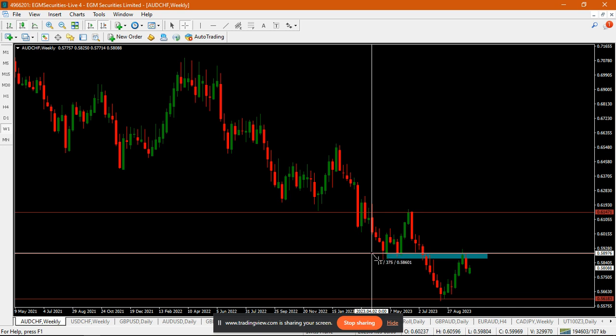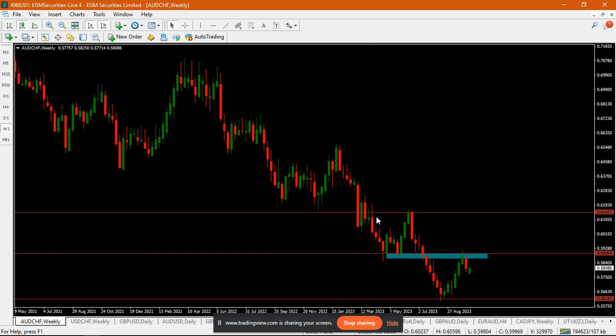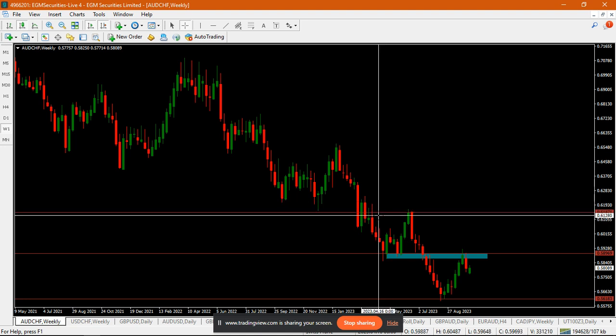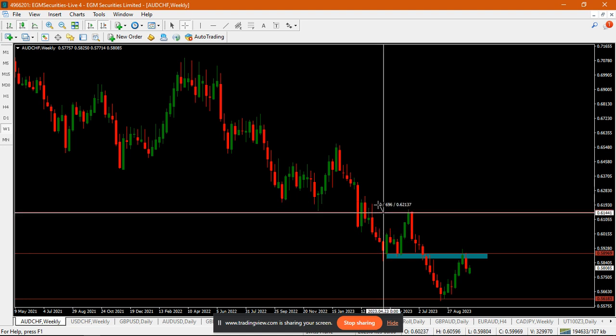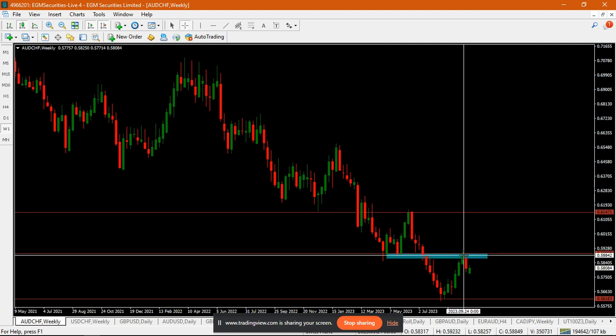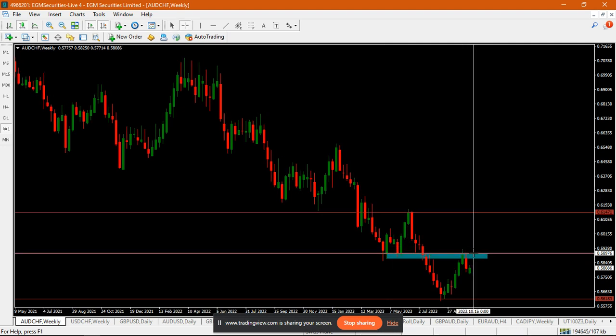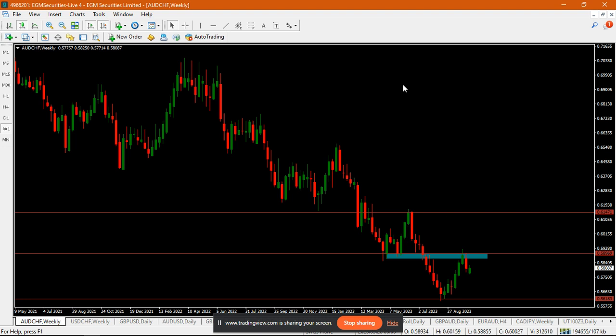At this level, the market broke this level, forming 50 pips below that level. We have another level right here, which was broken by the market, forming 56 pips. Also at this point, we see the market breaking the level but coming back in after forming 29 pips beyond the level. So we can have our stop loss about 60 pips.